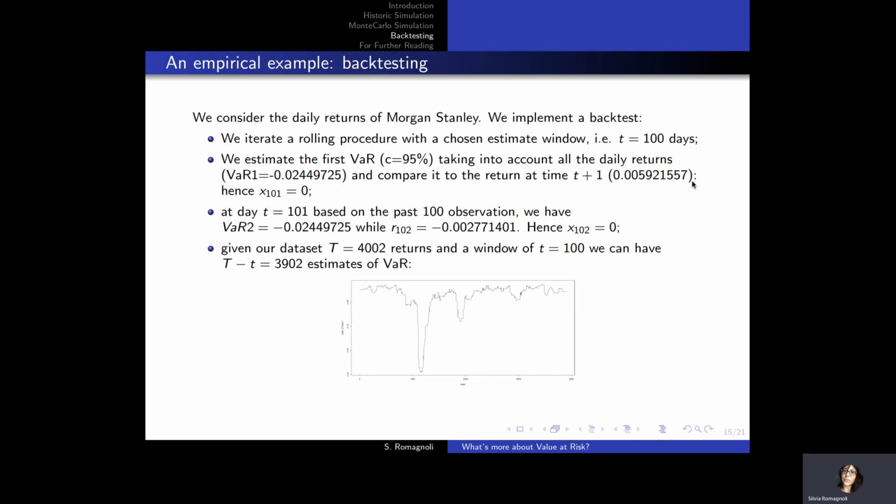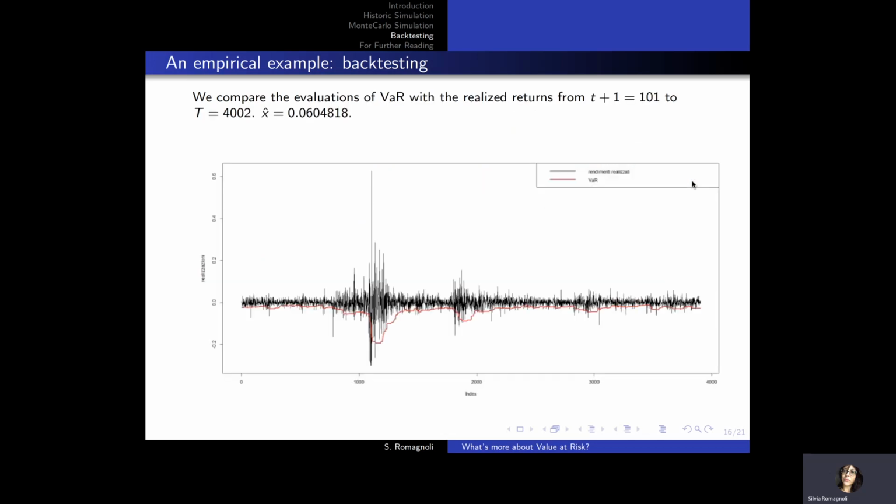The picture represents the estimated value at risk in time based on the historical simulation. In this picture, we compare the evaluation of the value at risk with the realized returns from T plus 1, which is equal to 101, to capital T equal to 4,002.